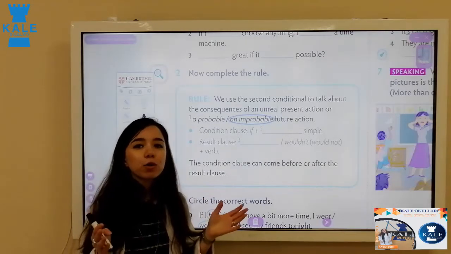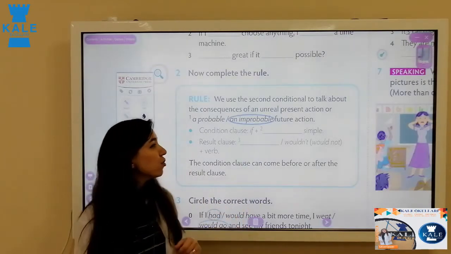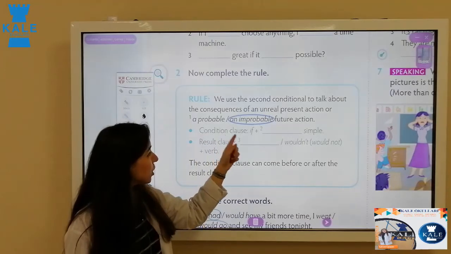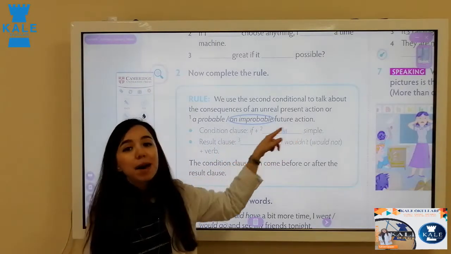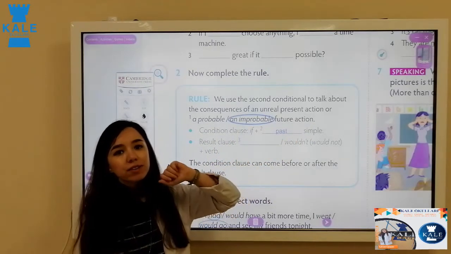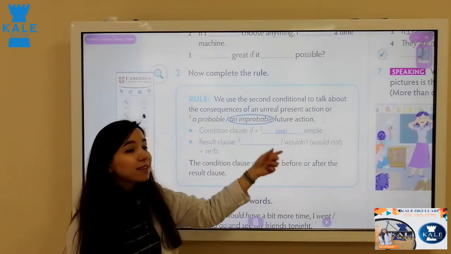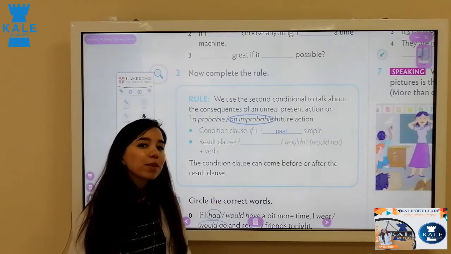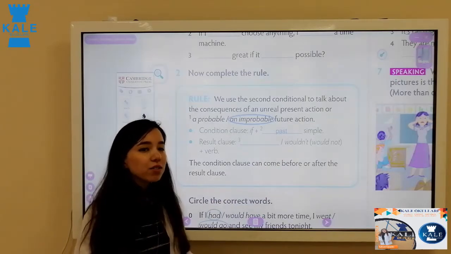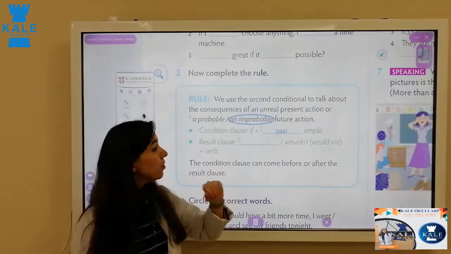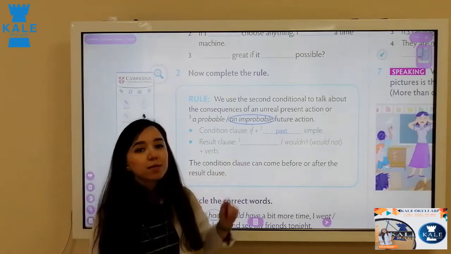So, what is the formulation of the second conditional? Let's check together. Condition clause: if plus past simple. In the first conditional, we use if plus present simple. In the second conditional, because it's something impossible, unreasonable, improbable, we are going to use if plus past simple.